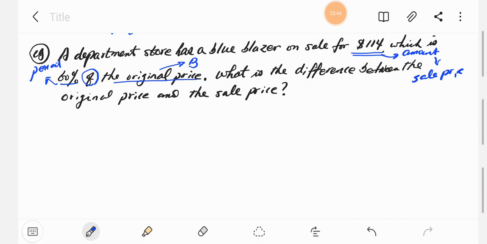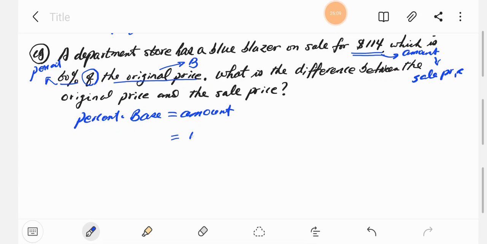So let us write an equation based on this PBA: percent times the base is equal to amount.